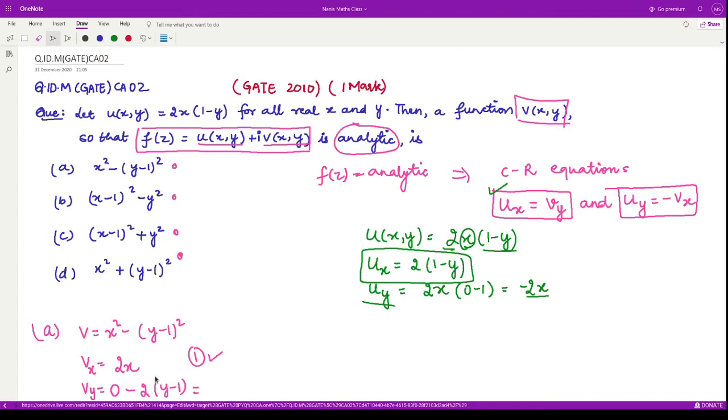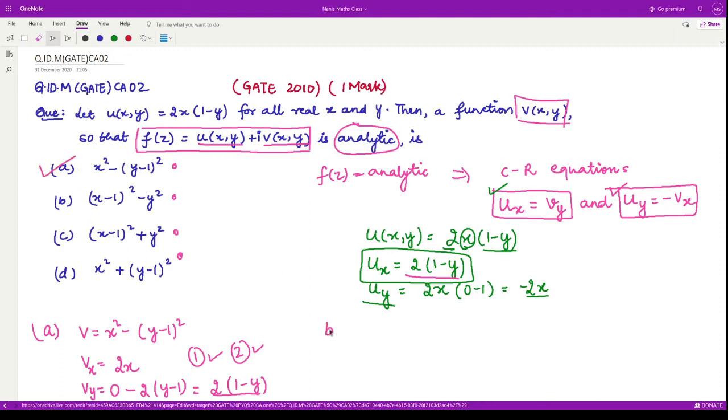When you take the negative sign into the brackets, you can write this as 2 into (1 minus y). So this term is equivalent to u_x, and the second condition is also satisfied in this case. So we can say option A is the correct option.